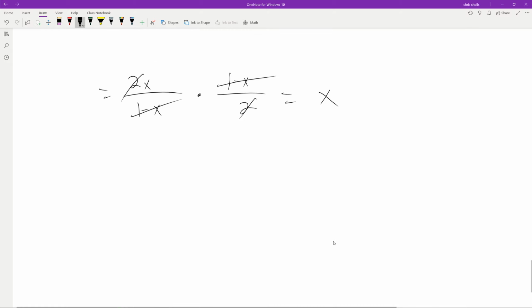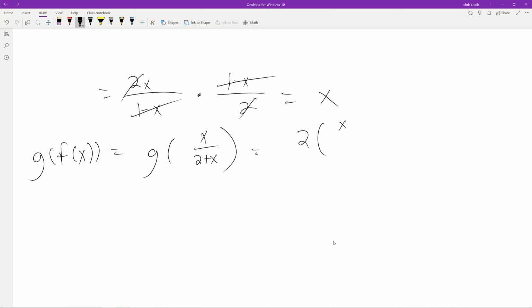Let's find what g of f of x is. G of f of x, this is g of x over 2 plus x. And this is 2 times x over 2 plus x divided by 1 minus x over 2 plus x. Once again, in the denominator, I need a common denominator between the two fractions here. I have to multiply this 1 by 2 plus x over 2 plus x.